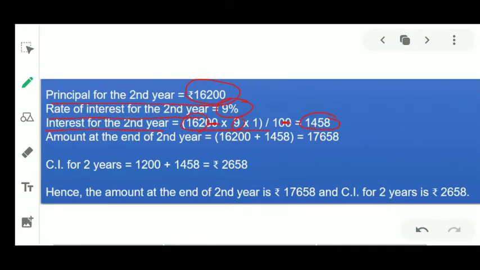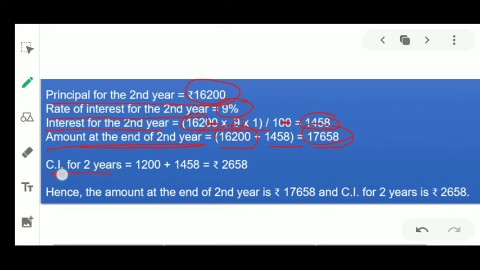Now the amount at the end of second year will be principal plus interest, that is 1620 plus 1458, which equals 17,658. Now we'll calculate the compound interest.